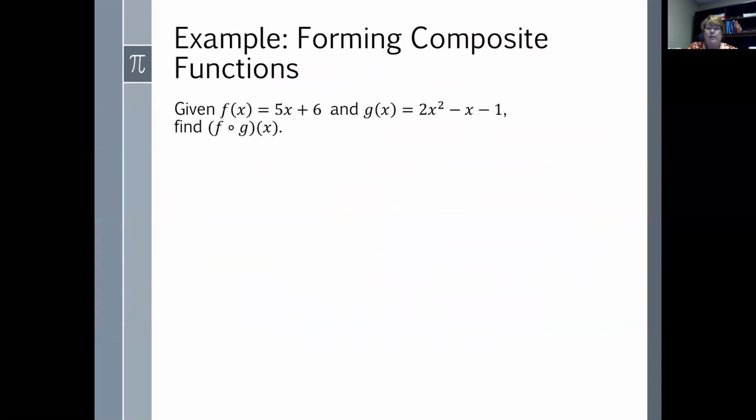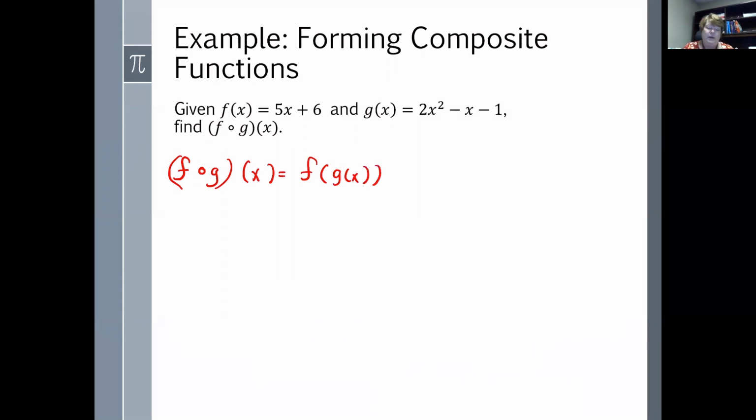Okay, so let's look at an example of finding a composite function. Let's find f composed with g of x. By definition, f composed with g of x is the function f evaluated at g of x.